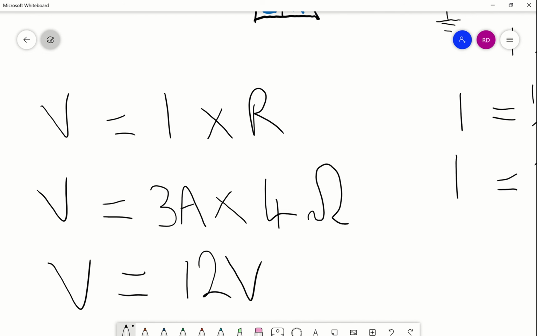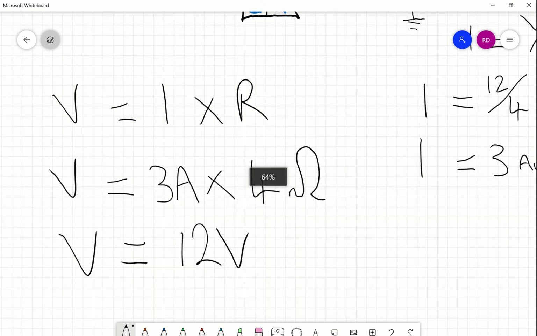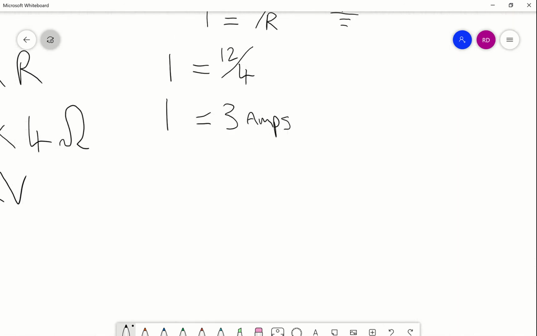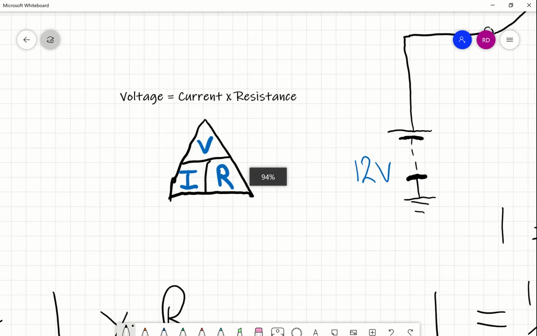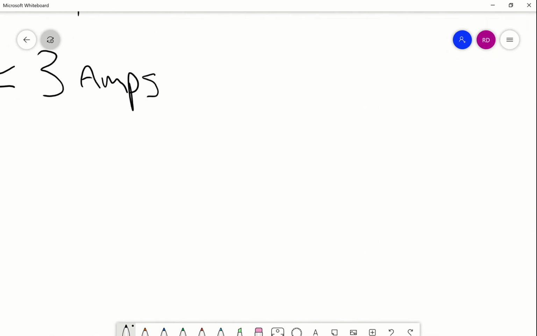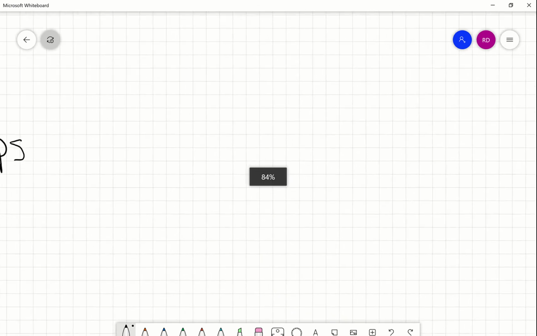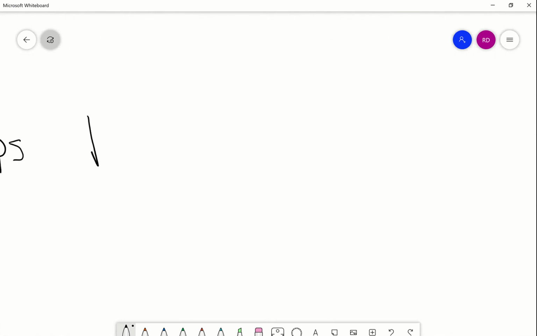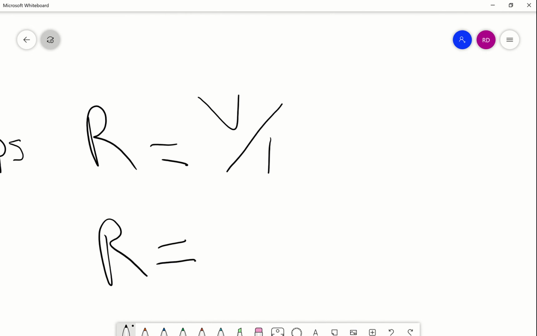Now if we want to double check it even more, and we weren't given the resistance, let's say. So let's go back to my triangle here. We want to find resistance, therefore we're left with V and I. V is over I, so that's how we're going to do it. So let's write it over here. R equals V over I, which is R equals 12 volts by 3 amps.